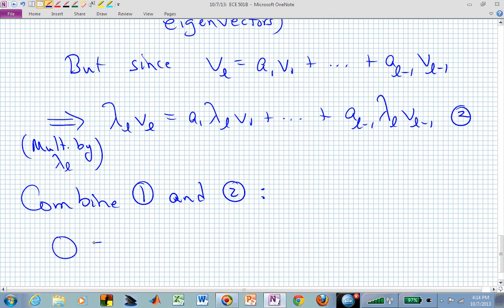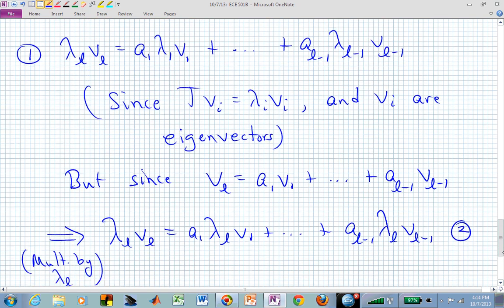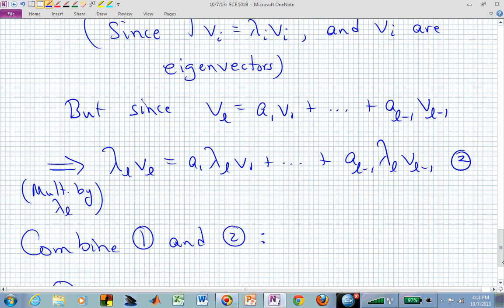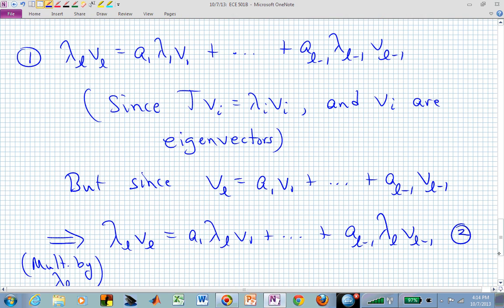If I now combine 1 and 2, on the left I have 0, saying lambda sub L v sub L minus lambda sub L v sub L is 0. And on the right, I have a1 in common, but I have the difference between lambda sub 1 and lambda sub L, and the v1 is the same.